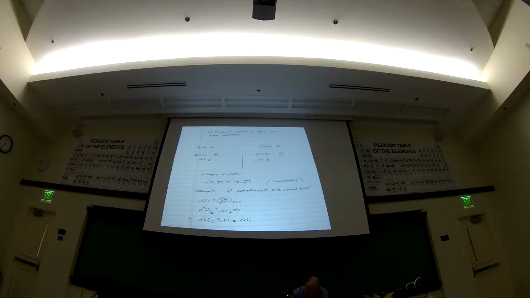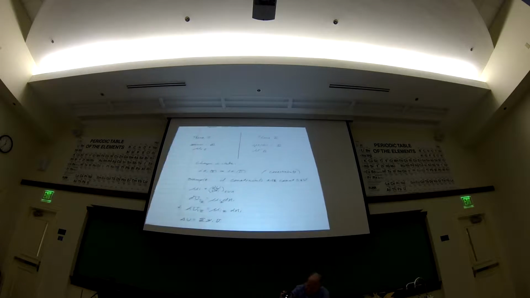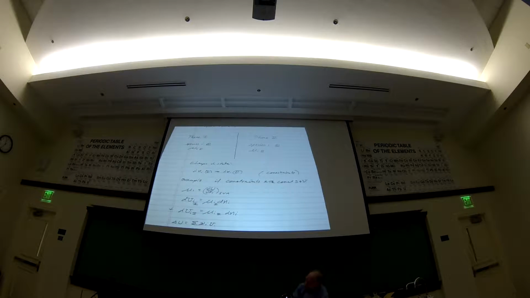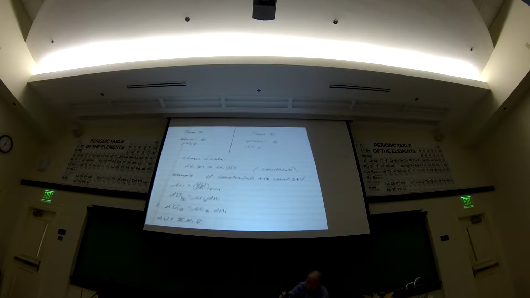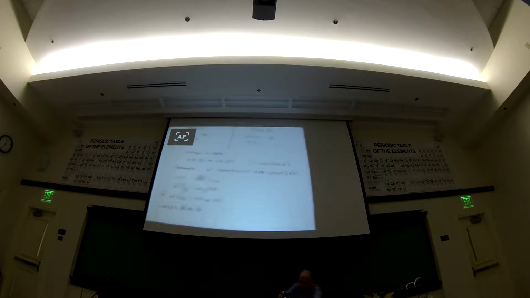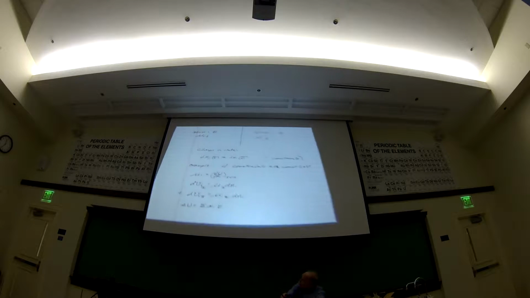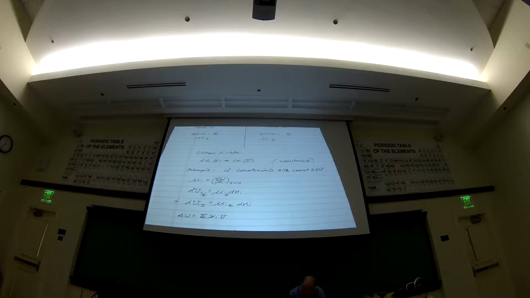So that delta U, if that changes state, which is always a summation of U i, is equal to mu i in phase 2 minus mu i in phase 1, times dn i.